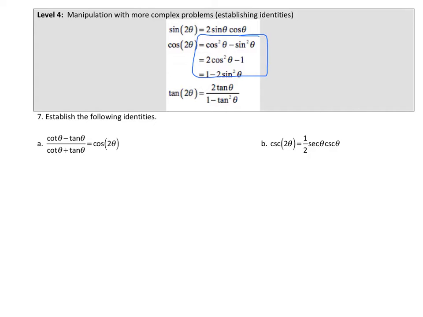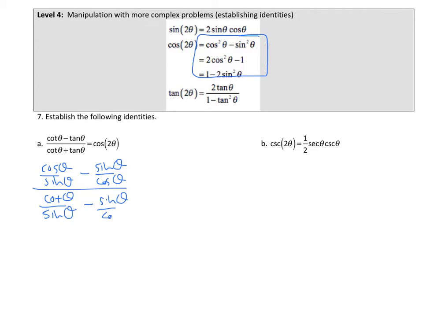So I start off by rewriting cotangent theta as cosine theta over sine theta. Tangent is sine theta over cosine theta. Same thing on the bottom. And we want common denominators so we can combine these.